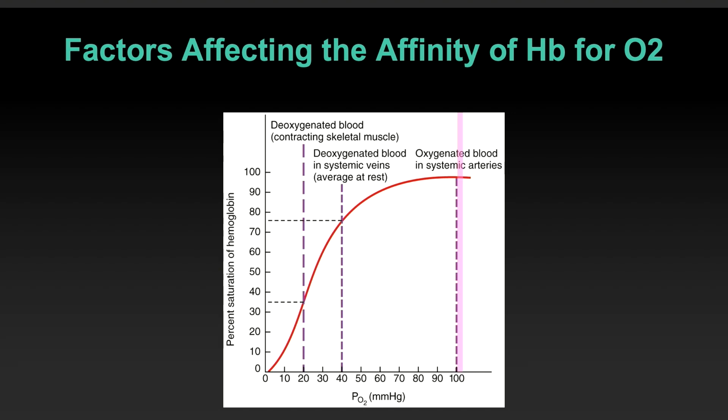Now let's say that we get to a liver cell or a muscle cell. Remember what PO2 at those active tissues was? Ballpark? Can you read the figure? It's on here. Blood in the systemic veins is approximately what we're looking at the cells.